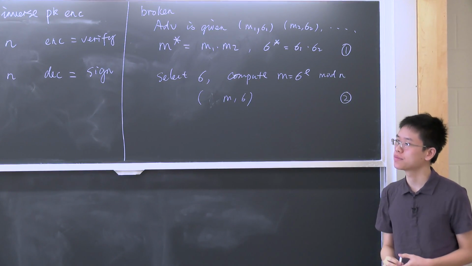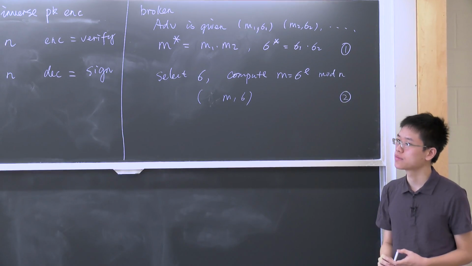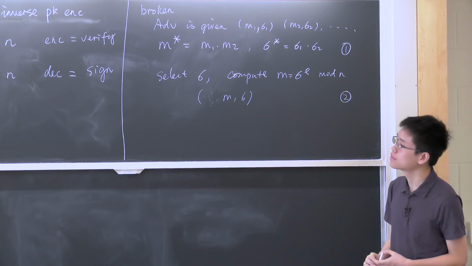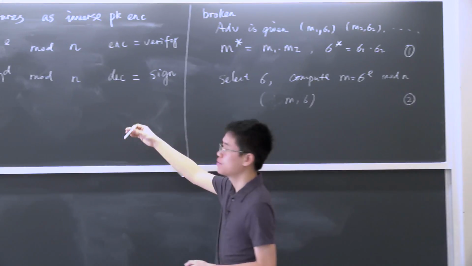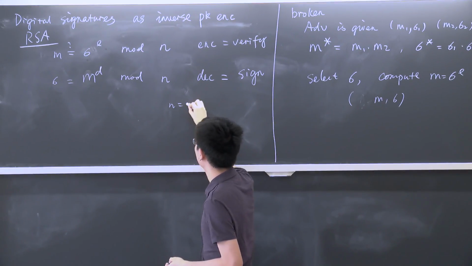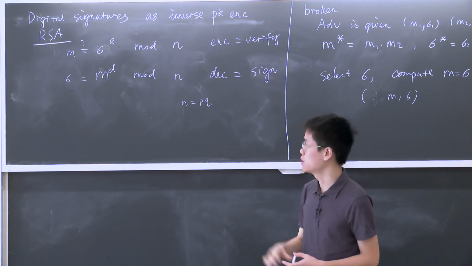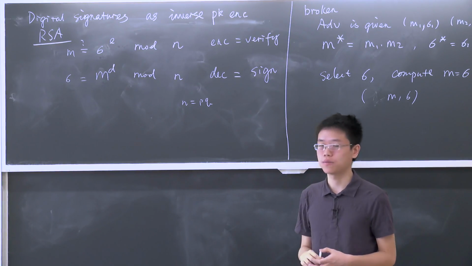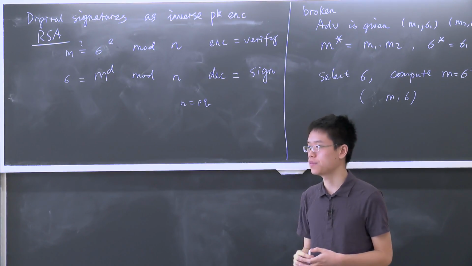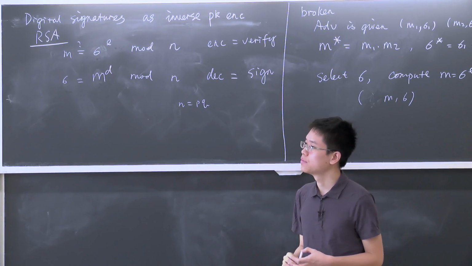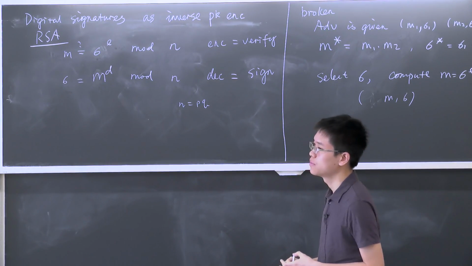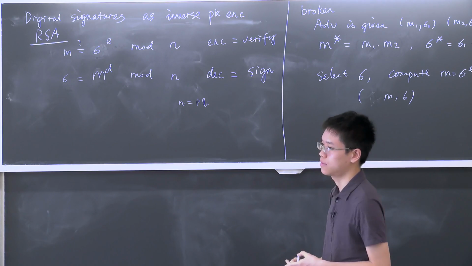Go ahead. Can we change the n? Change this n? Right now, just to remind you, it's a product of two primes, p and q. That's how RSA works. So what's your idea? Before raising to the power, we can take the hash function of it.